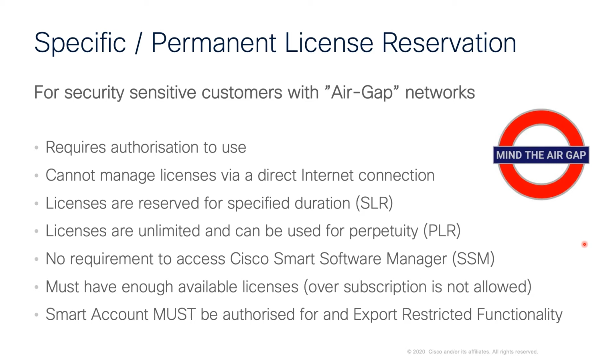As you can see, oversubscription is not allowed, and your smart account must be authorized for export and restricted functionality. And again, when going through the authorization process with your Cisco representative, they can make sure that all of this is taken care of for you.